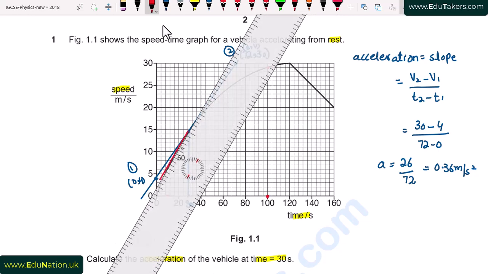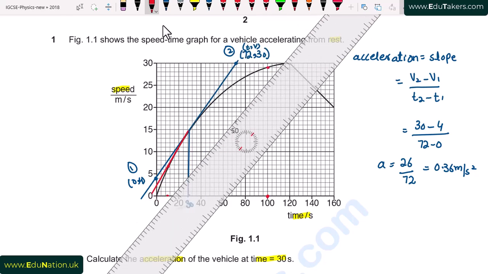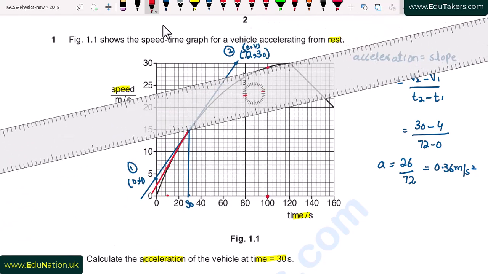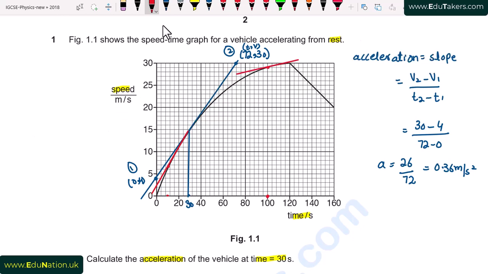It will be just like this, and on this point the tangent line will be this. Now by comparing both of these, we can see that at t equal to 10 seconds, the tangent is very steep, while at t equal to 100 seconds, it is less steep. I write here t equal to 10 seconds and t equal to 100 seconds.